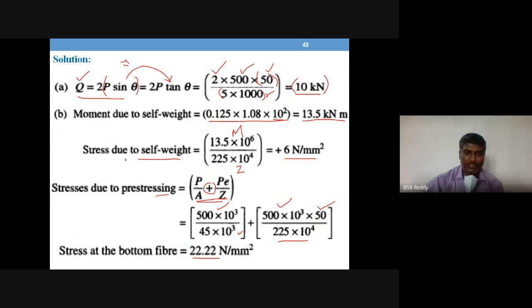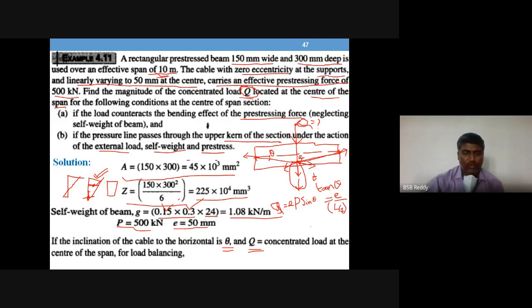So this is the way that you answer. Now load balancing. To balance the load Q, what shall be the pre-stressing force? That is actually the real life problem. We know the load, and how much pre-stressing force to be applied is a real life problem.